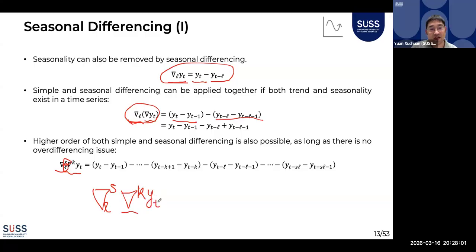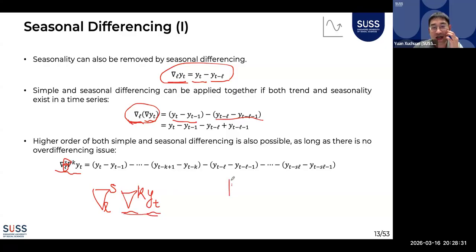The original time series is yt, so nabla K yt means you do K step differences: first nabla yt, then nabla squared yt, then nabla to the power 3 yt, and so on. In some textbooks, we use operators to indicate this.